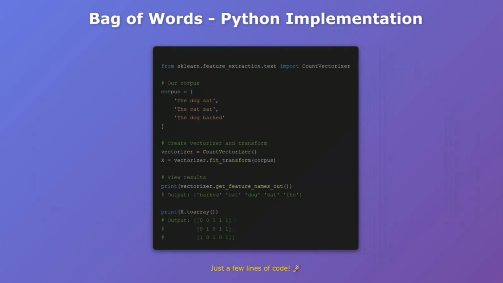And this single line, fit_transform, does everything. It builds the vocabulary and transforms our text into vectors. When we print get_feature_names_out, we see our vocabulary. And when we print the array, we get that exact matrix we saw before. That's the power of using good libraries. Complex operations become just a few lines of code.